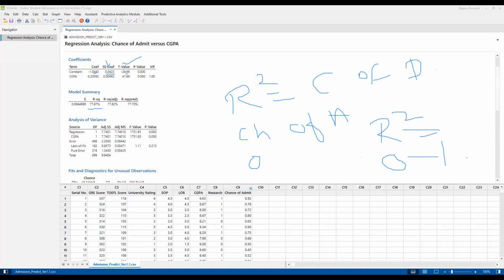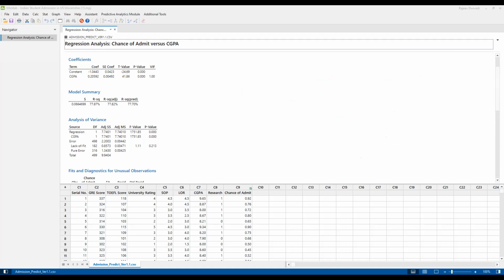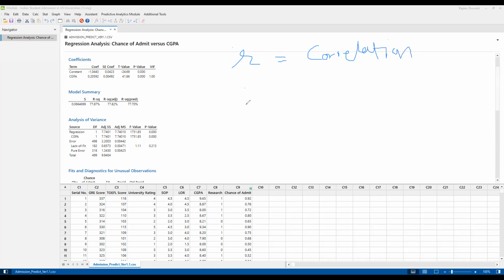So there is a regression and there is a correlation. Small r is correlation, and R square is for regression.